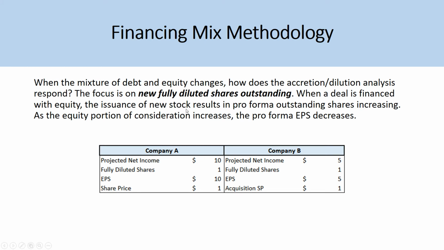As the portion of stock consideration increases, the pro forma EPS decreases. So the more stock you issue, the more the pro forma EPS decreases, right? And in a scenario where you are financing the deal entirely with stock, that can have dilutive effects on the pro forma EPS.